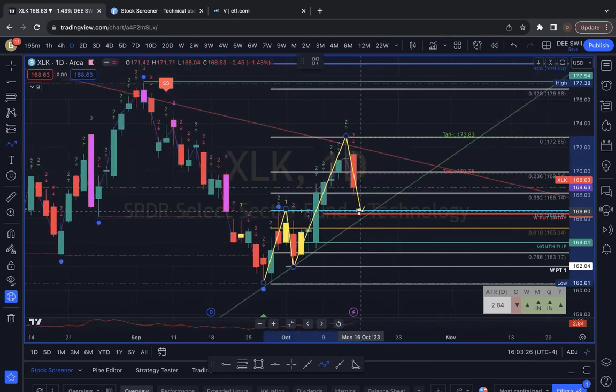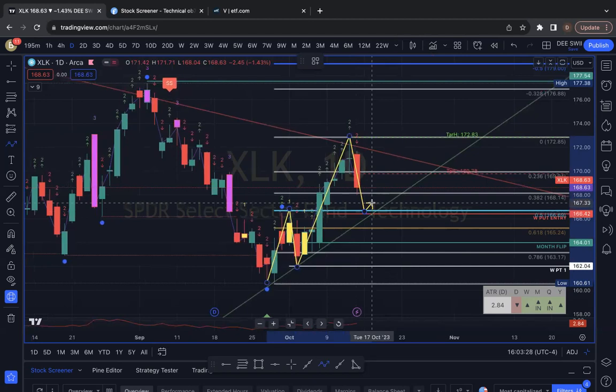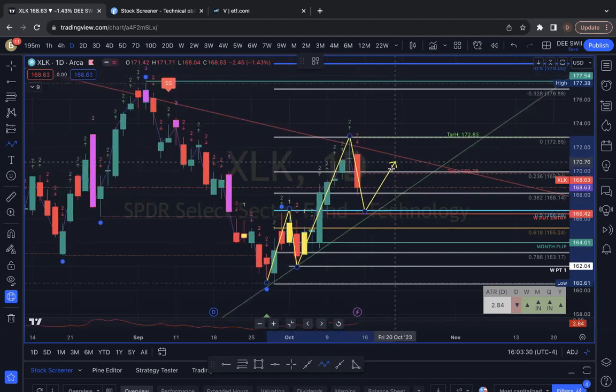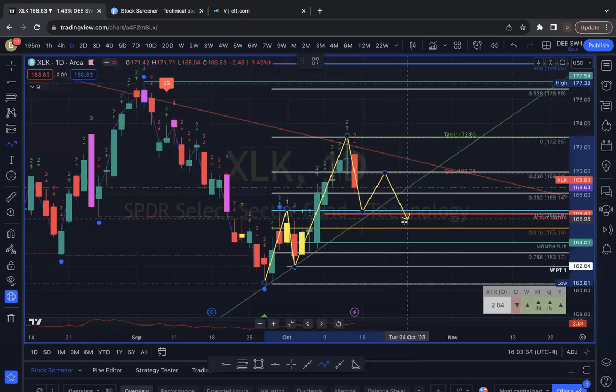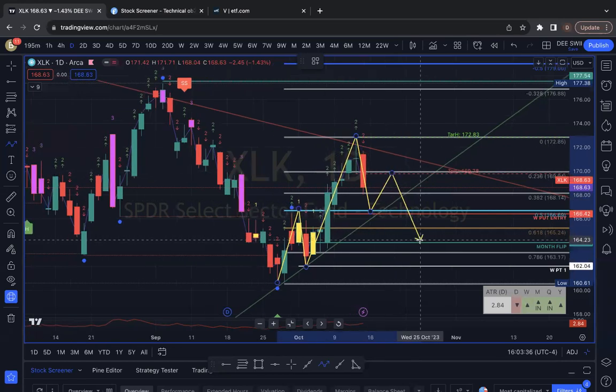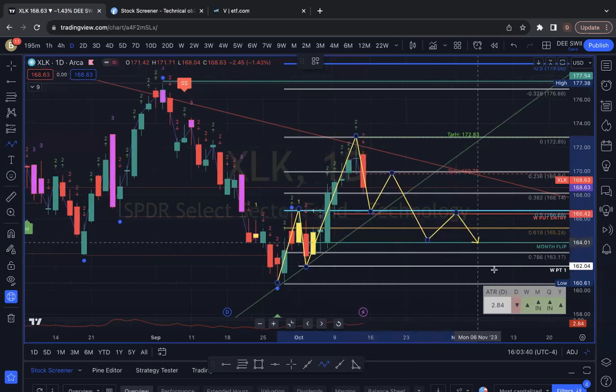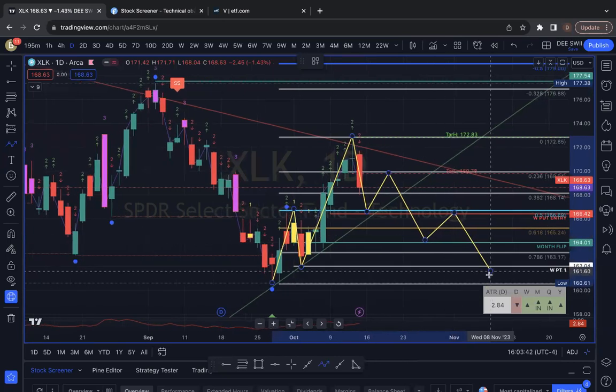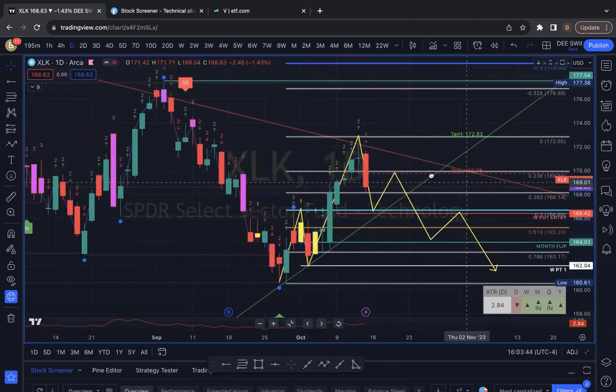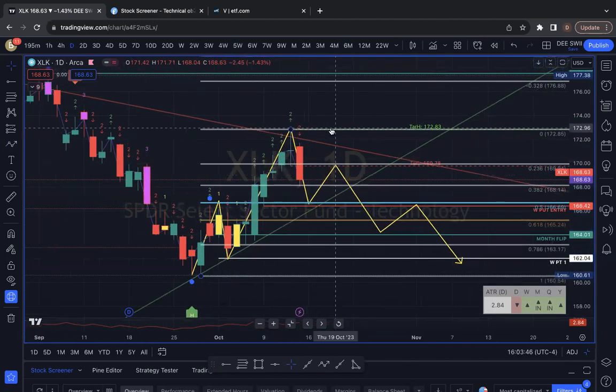Maybe we hammer or something like that. We have a reversal candle. And then we come back up to this zone, somewhere in this area. And then we start putting in lower highs and taking out previous lows until we get down to our price target. And if you don't believe me, screenshot it. These are the pivot points. This is what's happening.